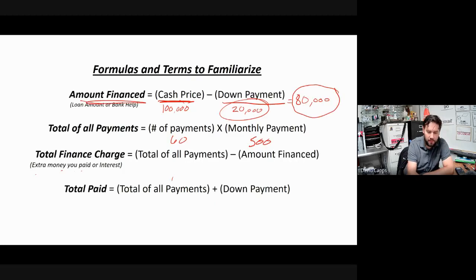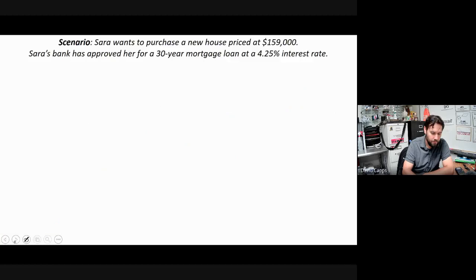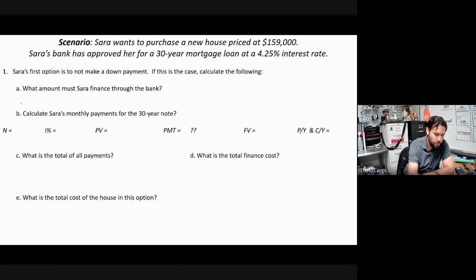The amount financed is the cash price, minus the down payment.